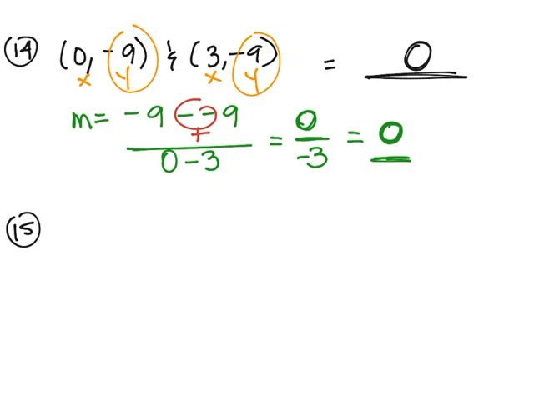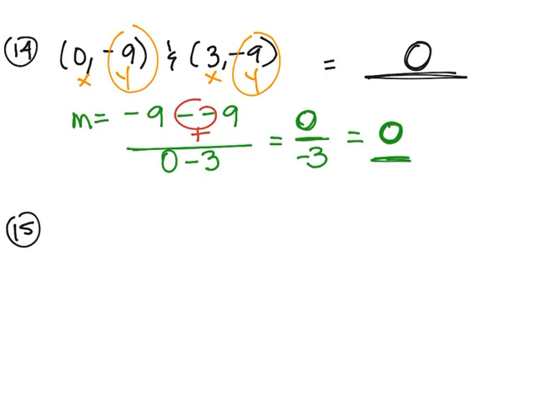If you had the same x's, then you should know that means that's a vertical line, meaning your slope would be undefined. But you can plug it in, and that way you'll see that 0 would be on the bottom, and then that means your slope would be undefined. But in this case, that one was 0.